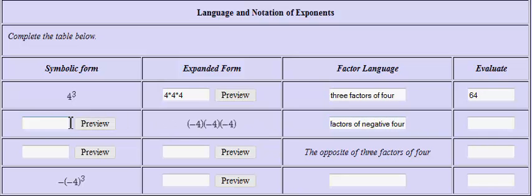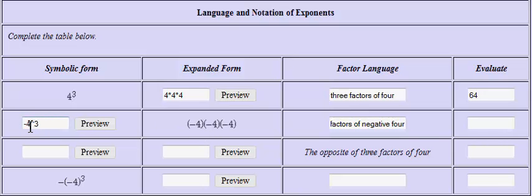In symbolic form, make sure that you put the negative 4 in parentheses. If you just write negative 4 raised to the third power, where you get the caret symbol here by holding the shift key down and pressing 6 on your keyboard, if you wrote negative 4 cubed without parentheses, this means you have 3 factors of 4, not 3 factors of negative 4.